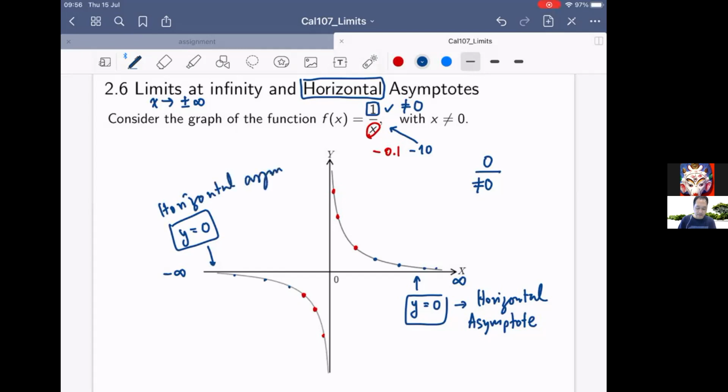So the horizontal asymptote can be looked at far away on the right, and also far away on the left.